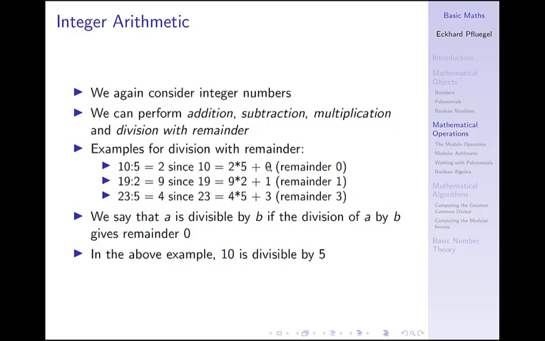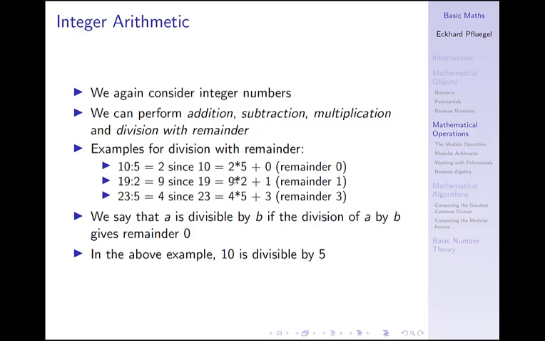What do you do if you actually want to divide 19 by 2? The problem is the output should remain an integer. So we can't just say, oh, the output is 9.5. What you have to say is 19 divided by 2 is 9 with a remainder 1. So everything remains in the integers.